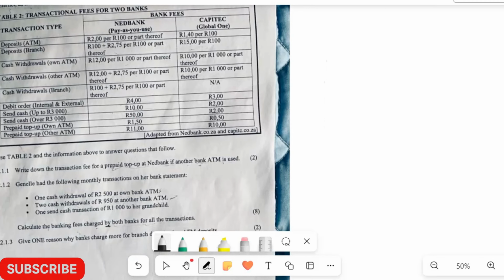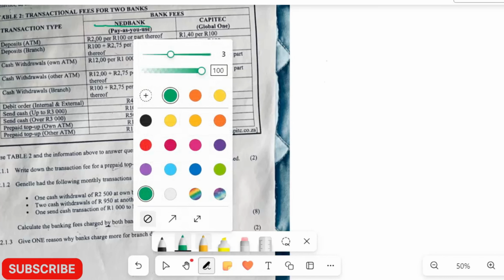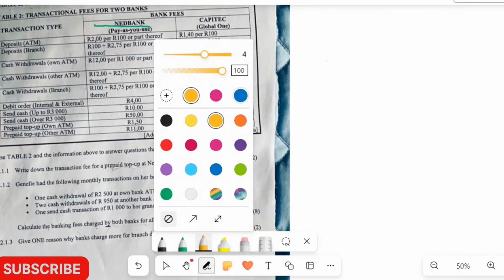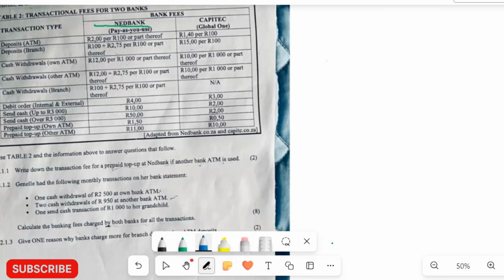So the banks that they compared are NetBank and Capitec. So those that you see on that table are the transactional fees for these 2 banks, and they were adapted from the original website. So these fees are true and correct, adapted from netbank.co.za and capitec.co.za.